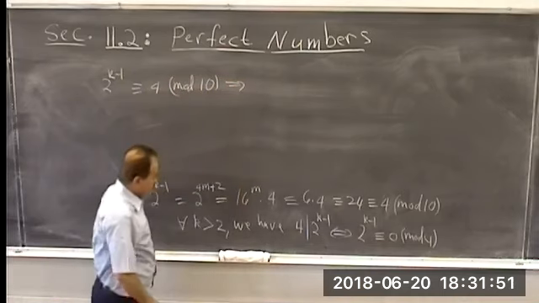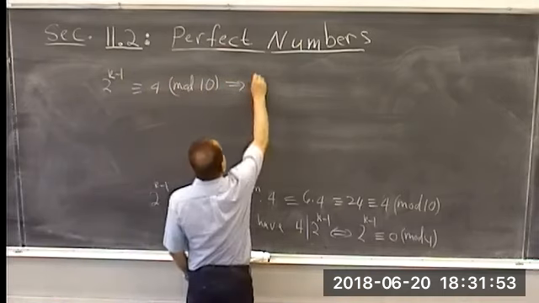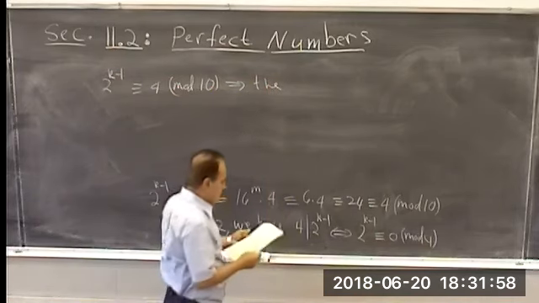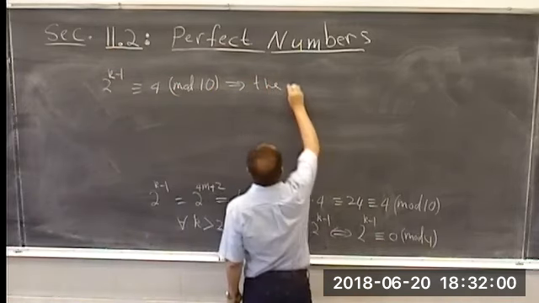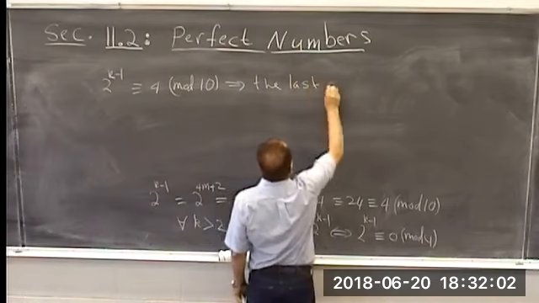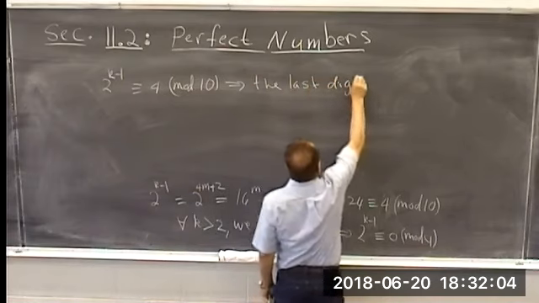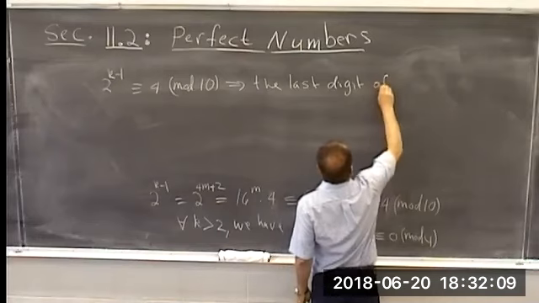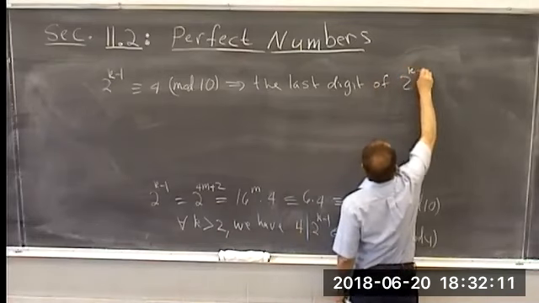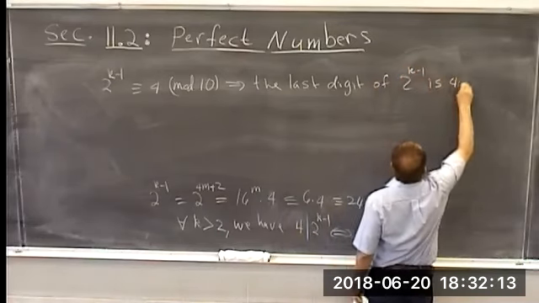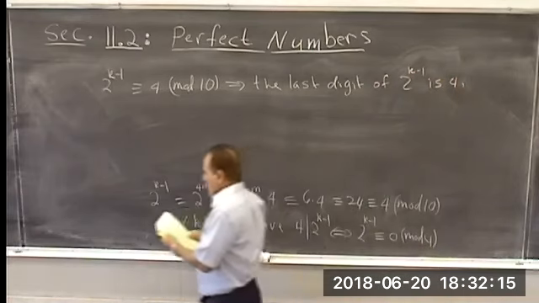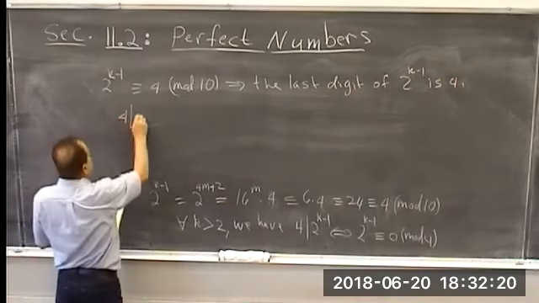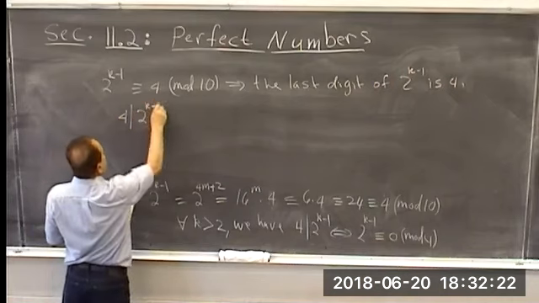This implies that the last digit of this number here is 4. And 4 divides this 2 to the power k minus 1.